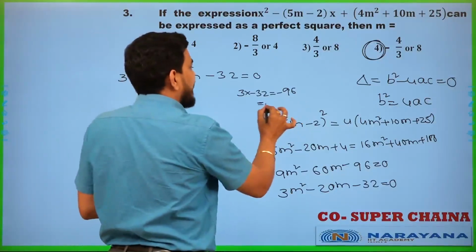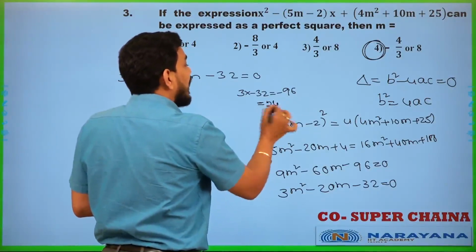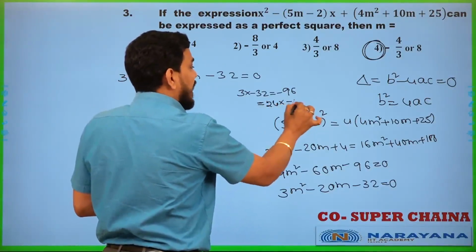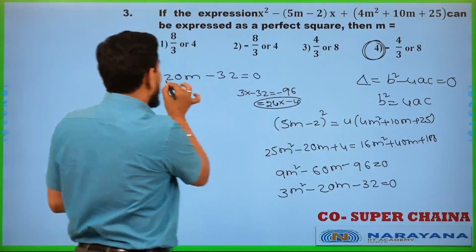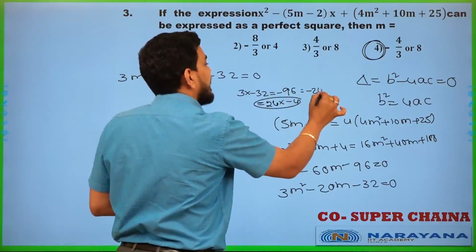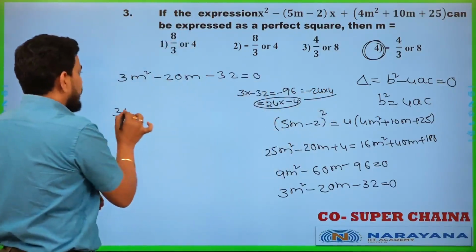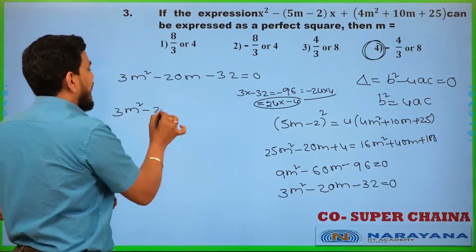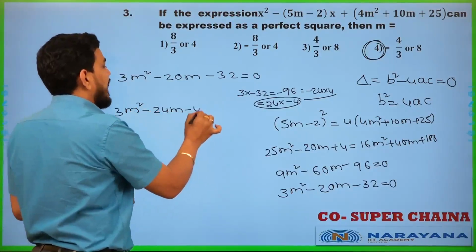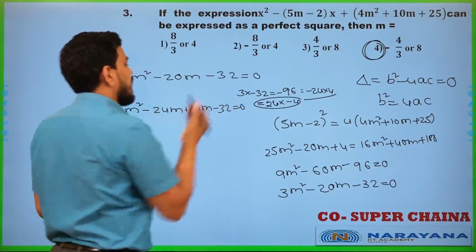Which can be written as 24 into minus 4, but this sum is giving plus 20. So instead of this, I can write it as minus 24 into 4. So if I take it that way, this is 3m square minus 24m plus 4m minus 32 is equal to 0.